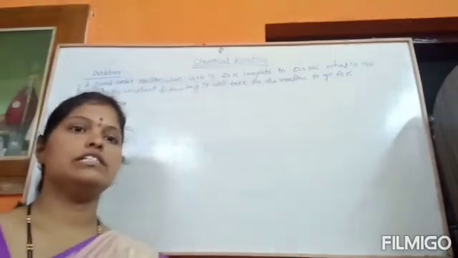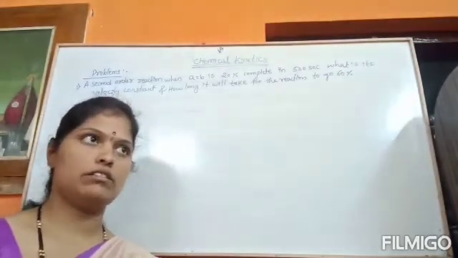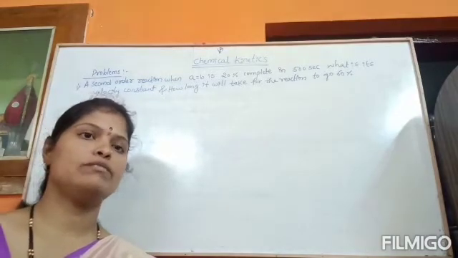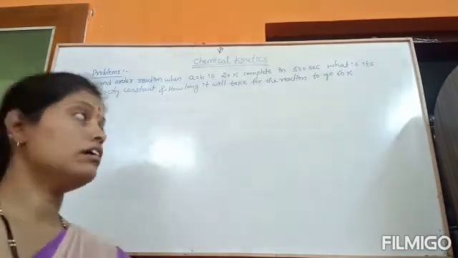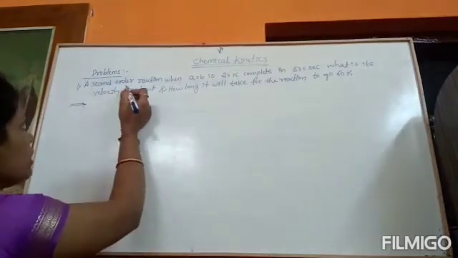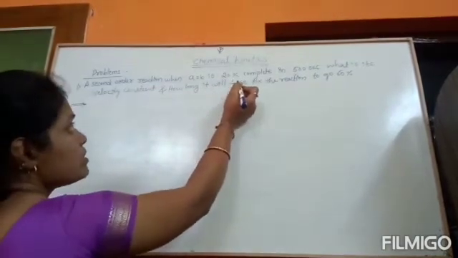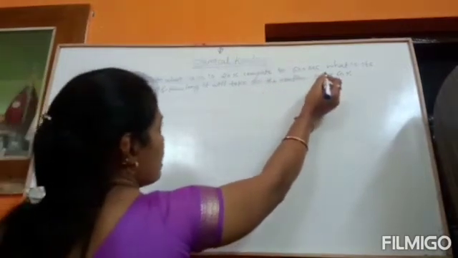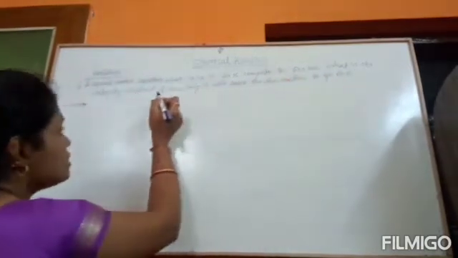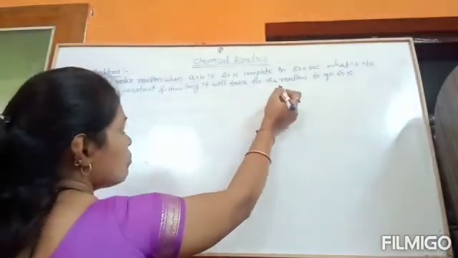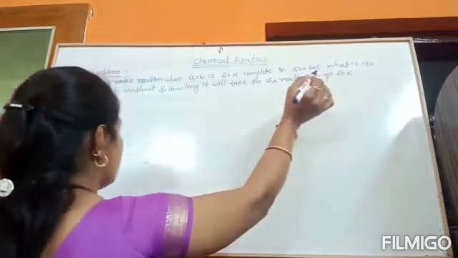Okay, next we'll see the problems based on this integrated rate equation for second order reaction and half-life period of second order reaction. Here you will see a second order reaction, A is equal to B, which is 20% complete in 500 seconds. What is its velocity constant and how long will it take for the reaction to go 60%?